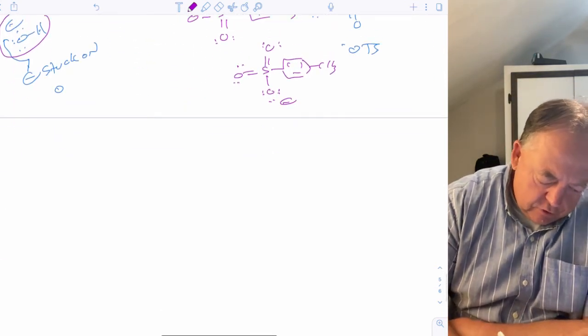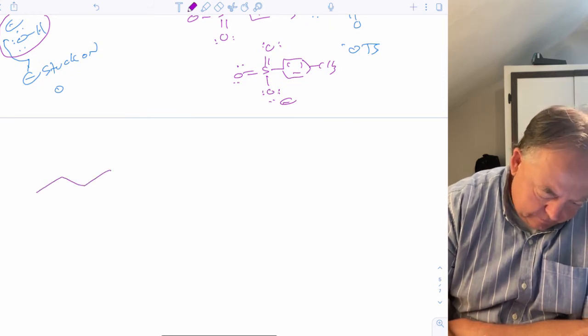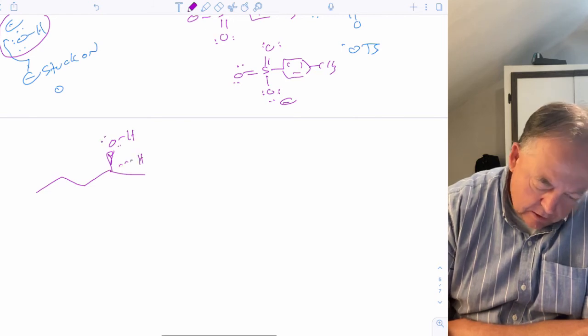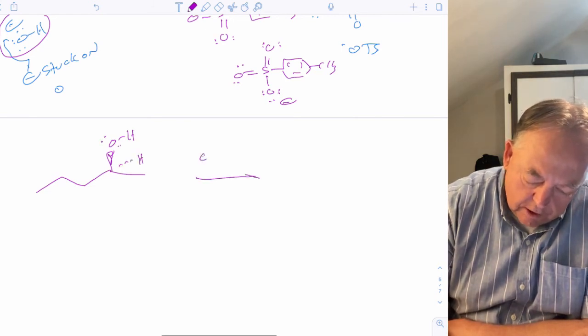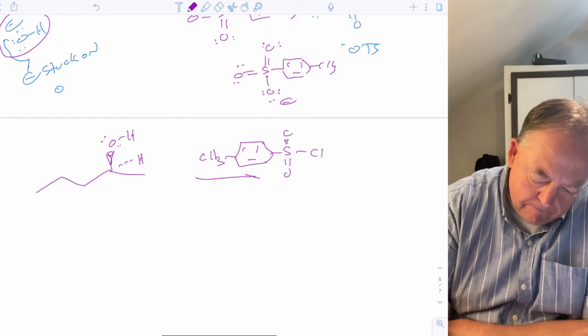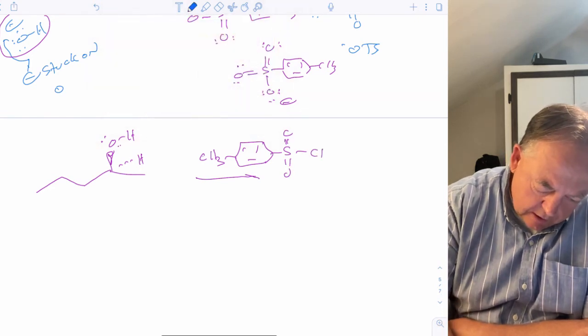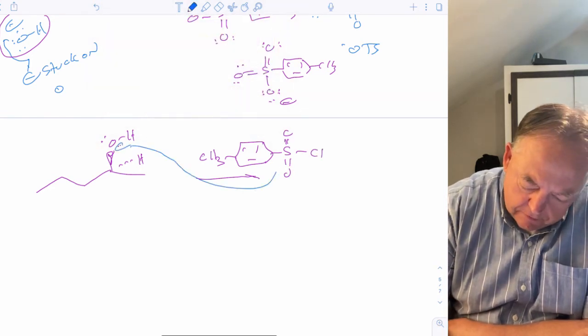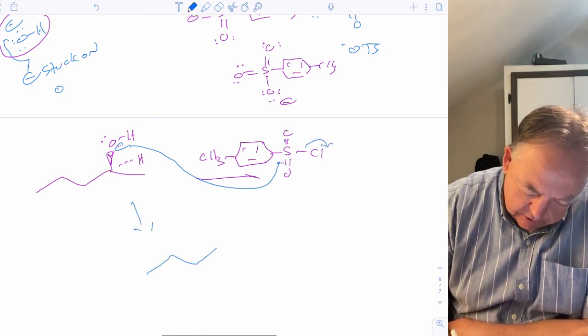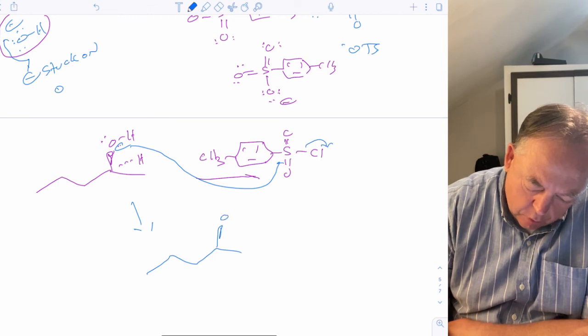Okay, so if you did this reaction at a chiral center, so if we react this with the tosyl chloride, oxygen attacks sulfur, that kicks off the chlorine, and if you notice, there is no reaction at carbon at this point.